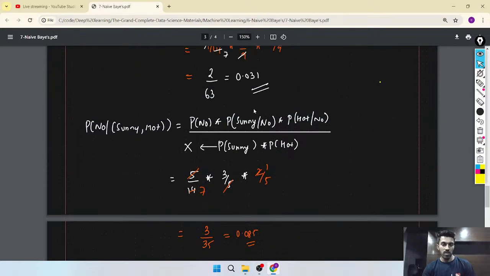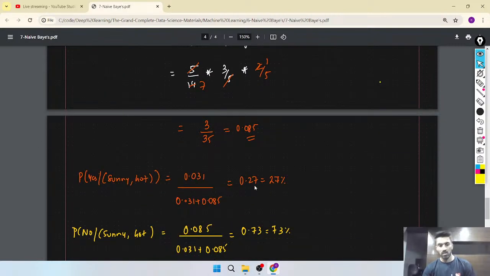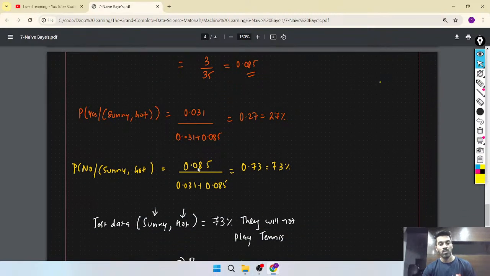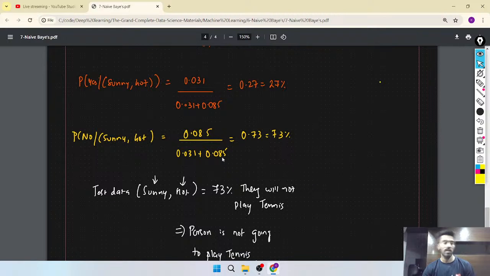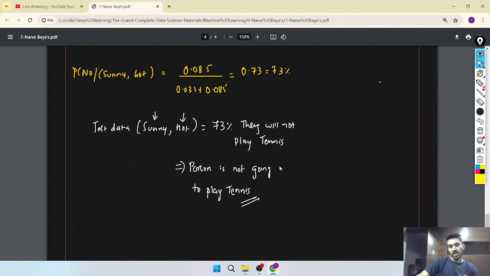We have to normalize these values to find the correct one. If you divide yes by the total, you will get 0.27, basically 27%, and no probability is 73%. Which is higher? 73%. So the player will not play tennis.